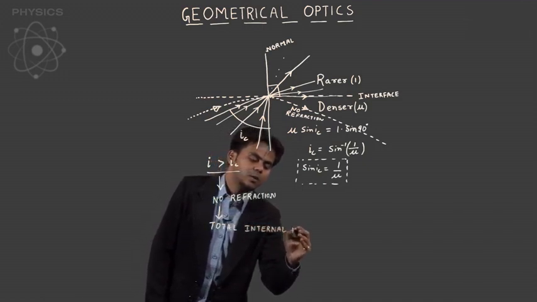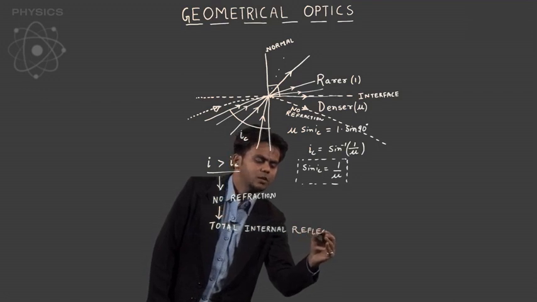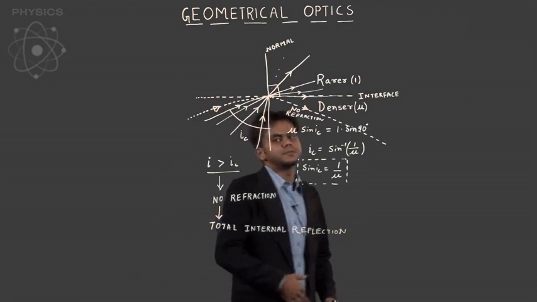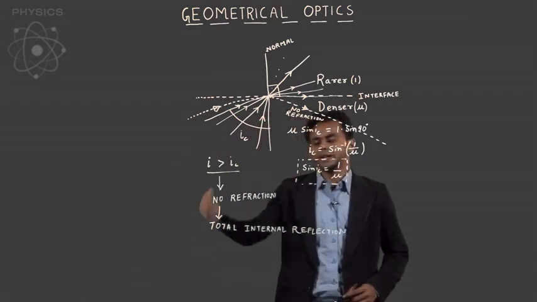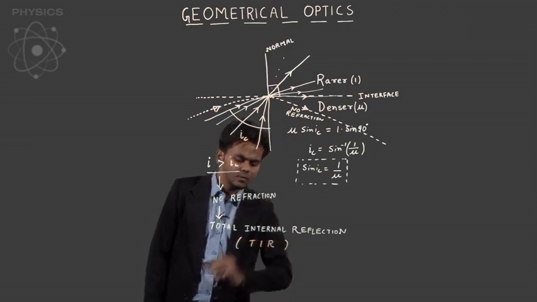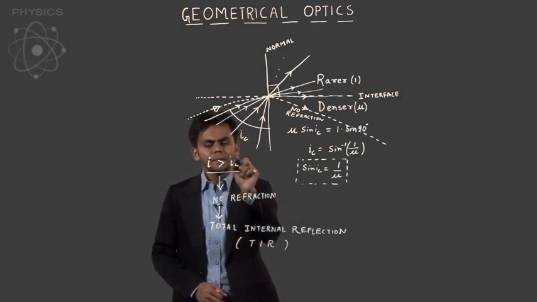The phrase itself explains you all that all the light totally is reflected back to the denser medium. It is not going to the rarer medium. It is abbreviated as TIR. Now, only condition is I should be greater than critical angle.